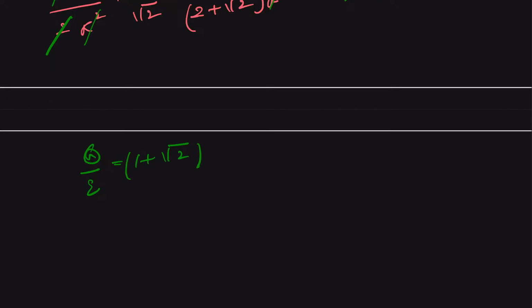So it means our capital Q will be approximately 2.414 times Q. Okay, so this is the value of the charge on this capital Q, so that all three charges are in constrained motion and in equilibrium.